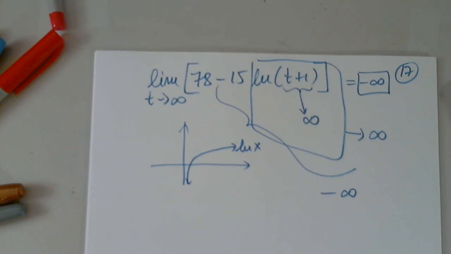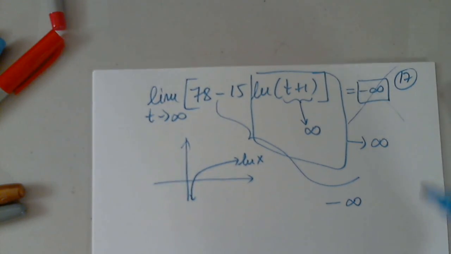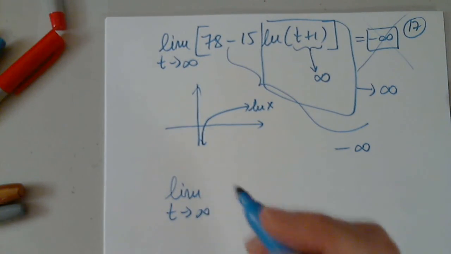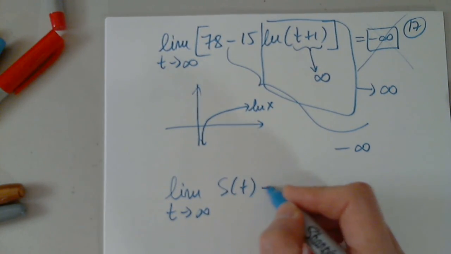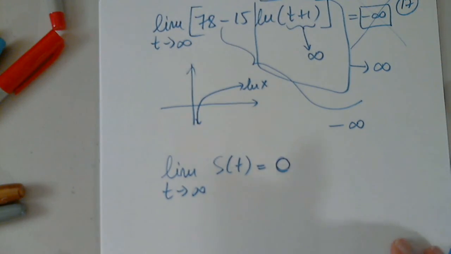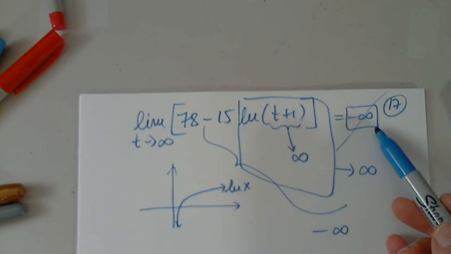But when it comes to memory, there's no such thing. So the limit as t approaches infinity of this function S of t cannot be lower than 0. It will make no sense.